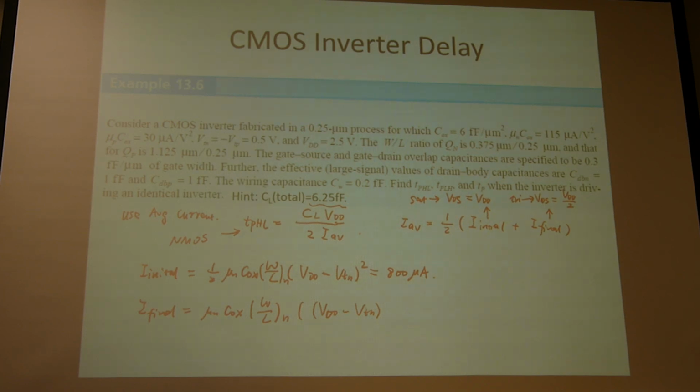So what is VDS at this moment? Here it says it's half VDD. And then minus half VDD, which is VDS squared.